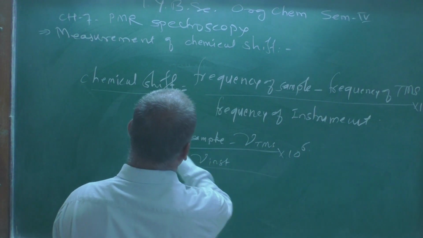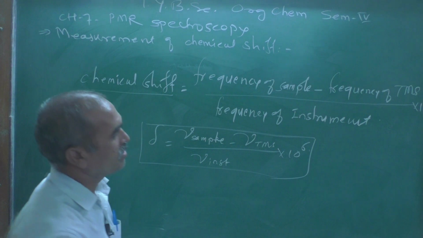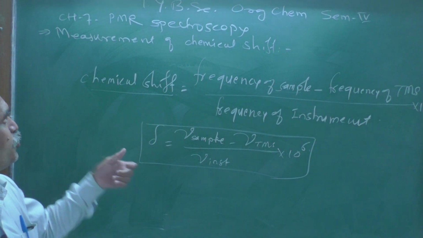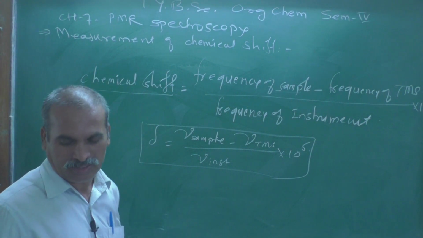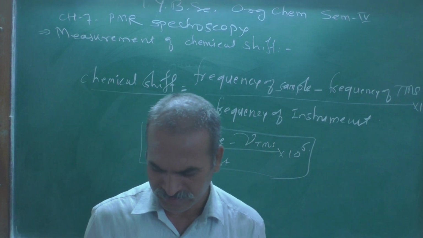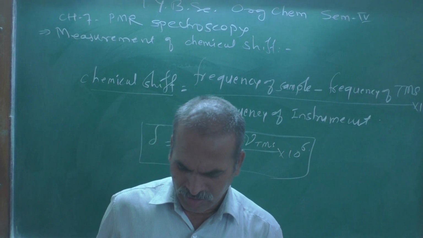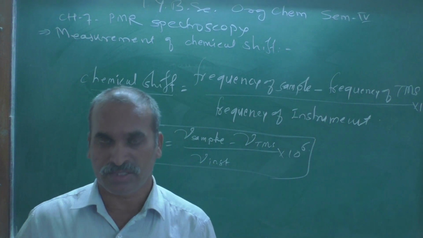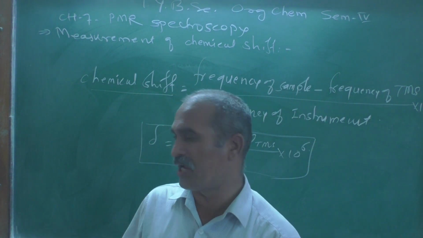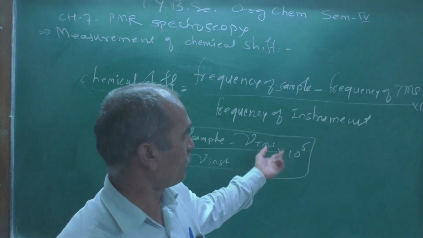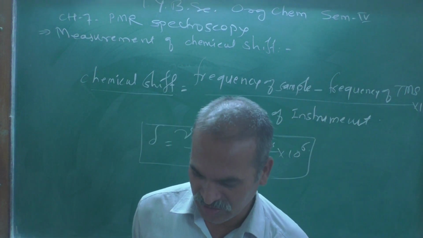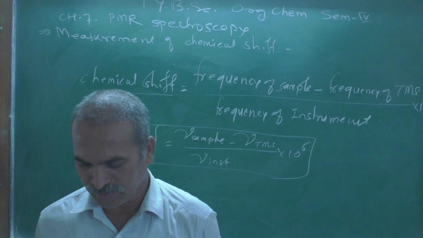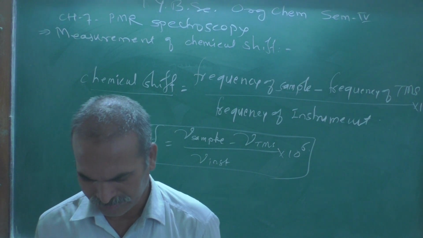This is the simplest mathematical expression to define the chemical shift. For simplification it is multiplied by 10 raised to 6.